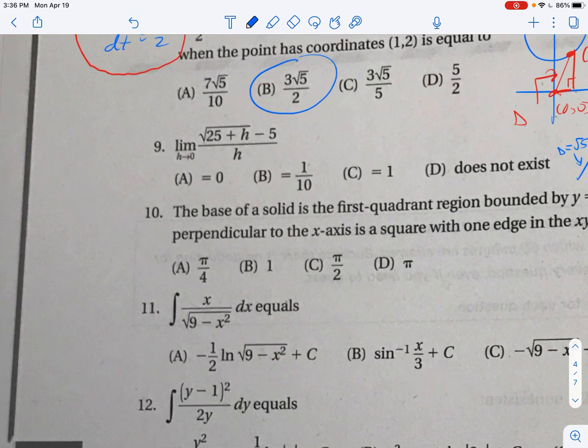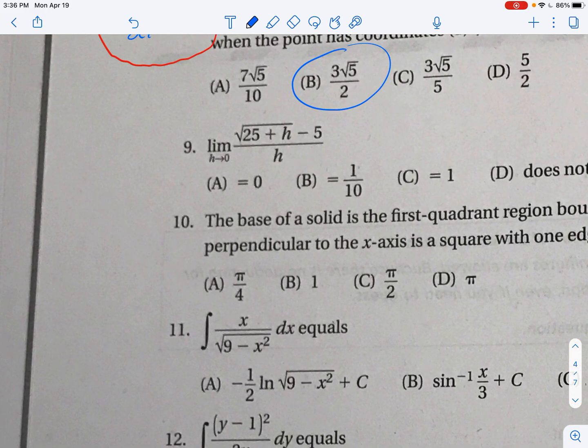All right, number 9. This is something you should recognize as the definition of the derivative, right? H approaching 0. If I wrote this as the square root of 25, it would be more obvious that we're following that pattern. What this is really saying is I have the function that's the square root function, and this is basically saying, what's the derivative of that when x equals 25?